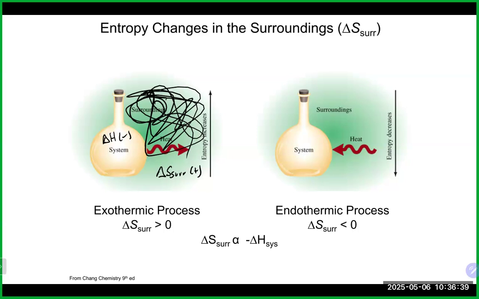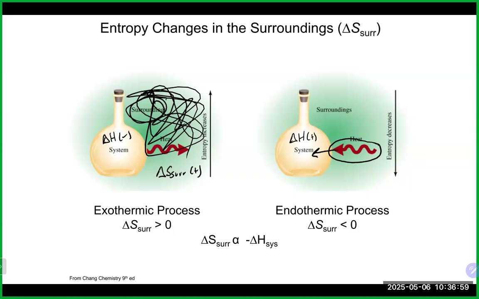Opposite over here on our endothermic process, our delta H in this case would be a positive number, as it's going to absorb energy. The result of that is the surroundings are going to give up their energy to the system. And because of that, the surroundings are now going to lose a lot of energy.